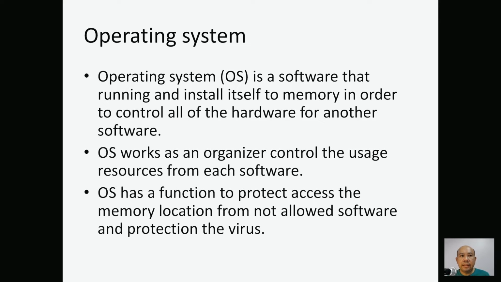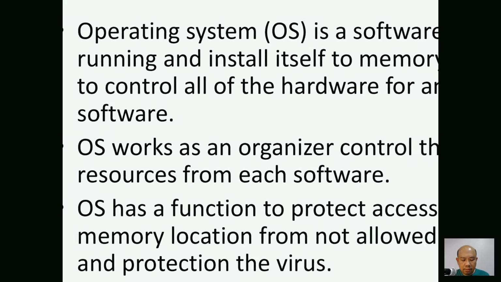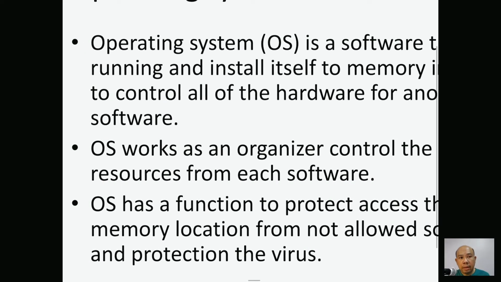The operating system controls all of the hardware and other hardware like an organizer. The operating system acts like an organizer or manager to control the user's resources. Resources mean memory, I/O, internet, or any device in the computer; we call these resources.